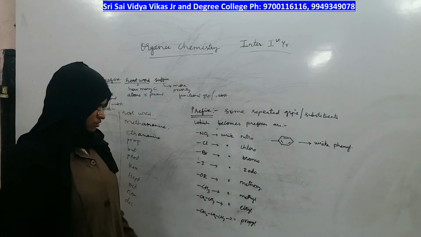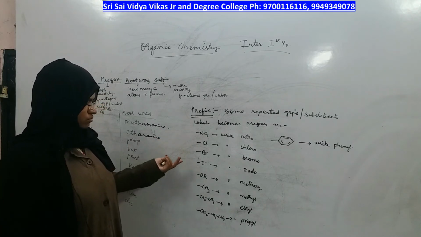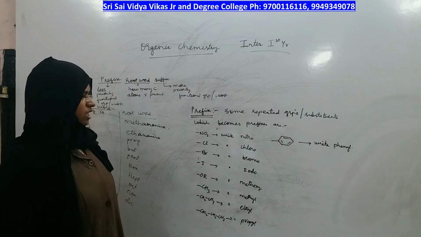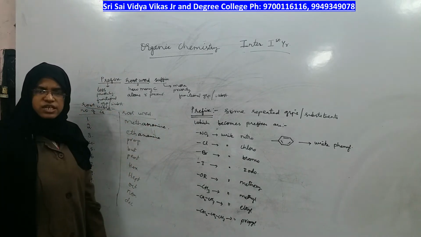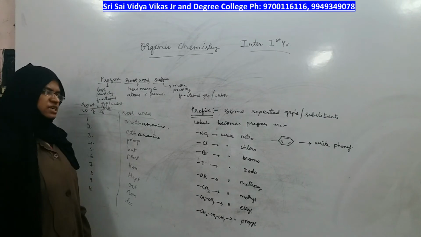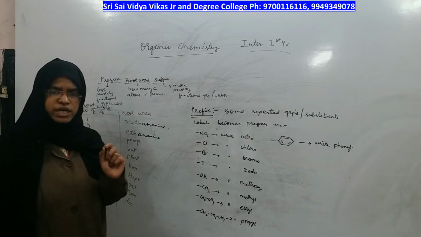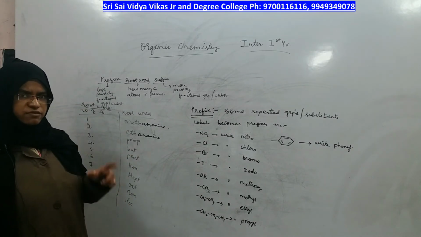Anything else you can have as a prefix? Nitro, chloro, bromo, iodo, methoxy, methyl, ethyl, propyl, all alkyl groups, and phenyl, right? What else you can have as a prefix is by following the series of priority order, which we will not see now.